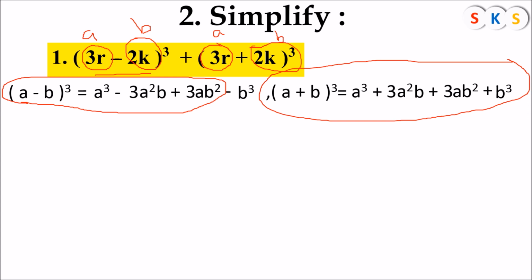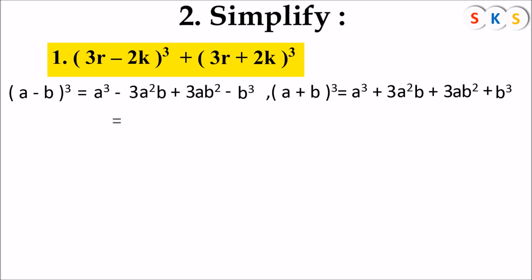So let's see what we will get. We will go for the expansion. Equals to, expand 3r minus 2k the whole cube, we will use the formula of a minus b the whole cube.